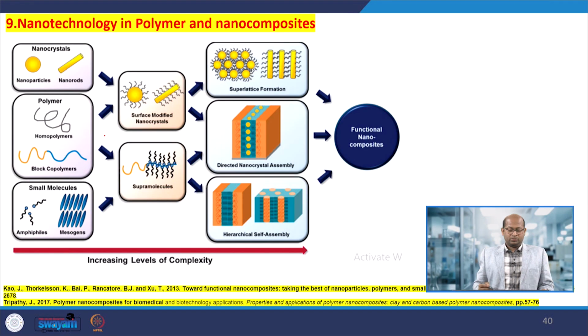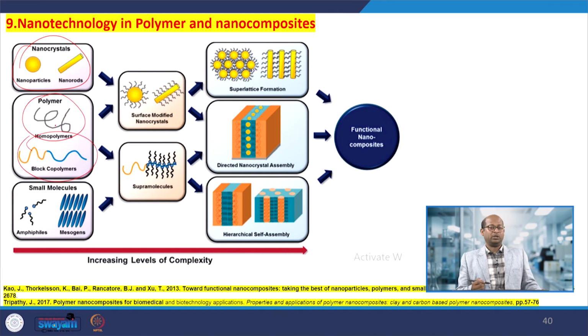Next is polymeric nanocomposite also I said. Suppose we have different types of spherical or cylindrical nanomaterials, and here we have polymeric material or block copolymers. We can mix these two and get a composite. That nanocomposite is useful for specific applications.